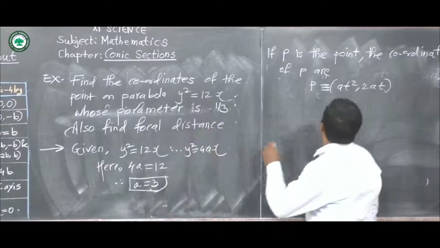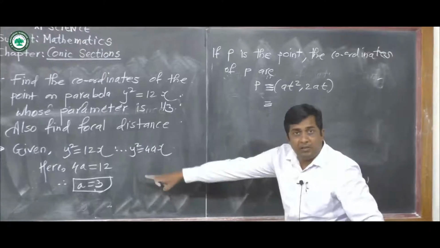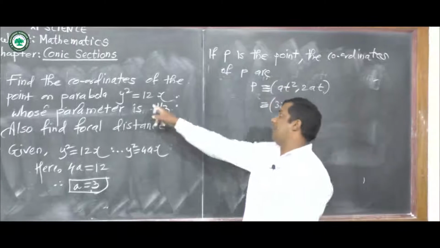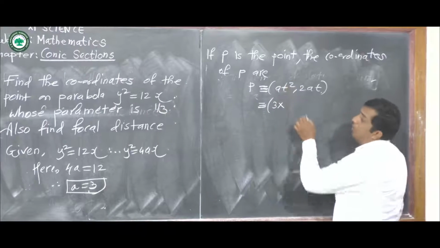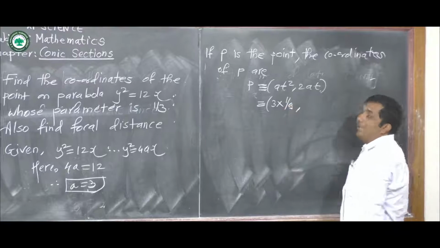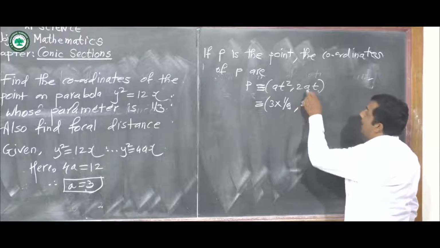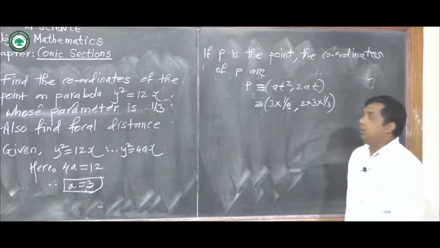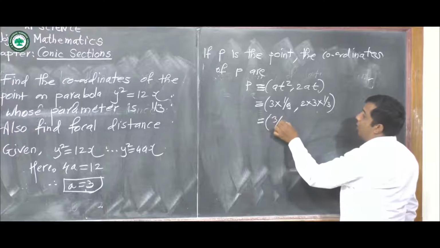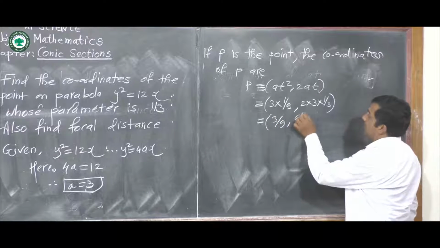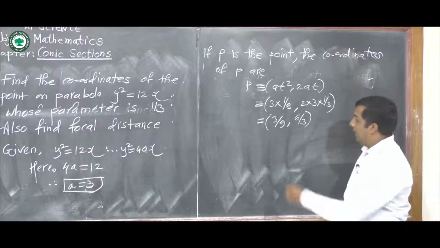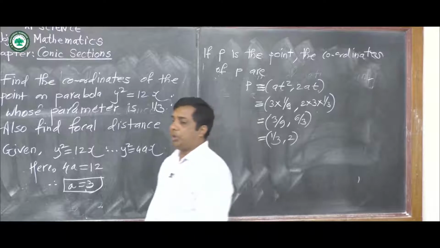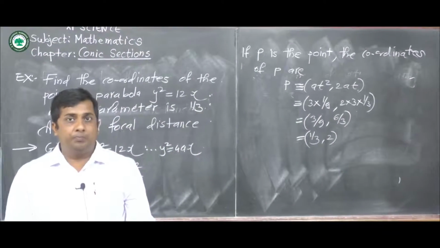Now we know a is 3, so let's replace a by 3. The parameter t is 1 upon 3, and 1 upon 3 square is 1 upon 9. Then 2 into a is 3 into the parameter 1 upon 3. So we get 3 upon 9 and 6 upon 3, and in the last we get 1 upon 3 and 2. So this is the point on the parabola.